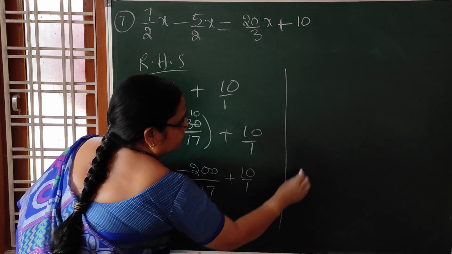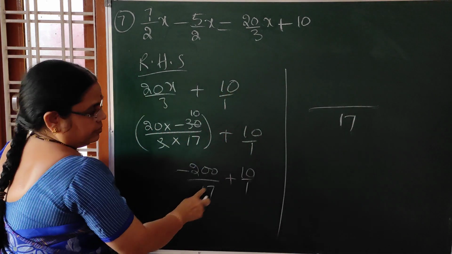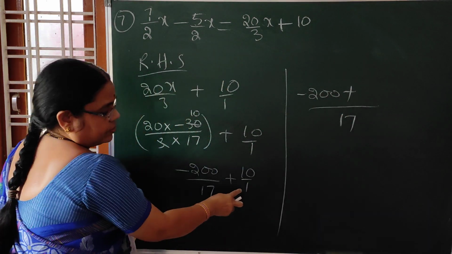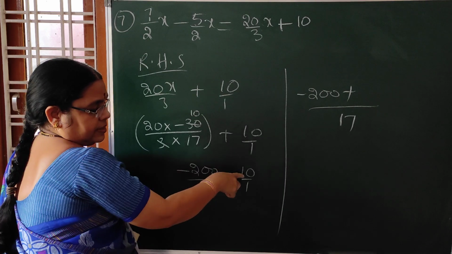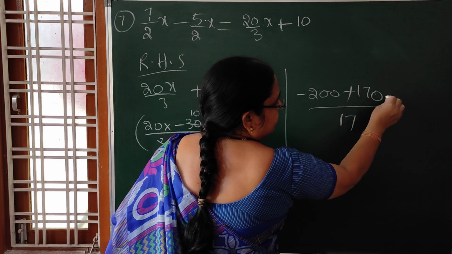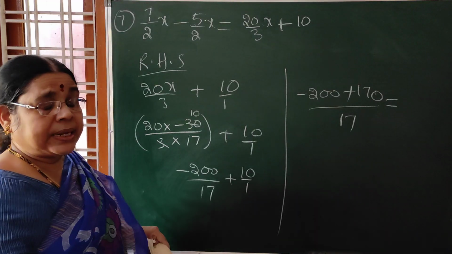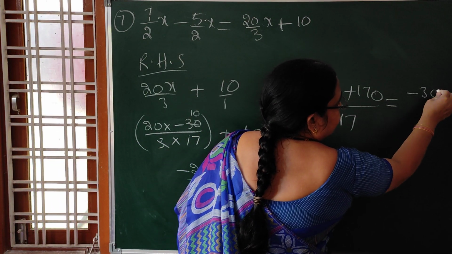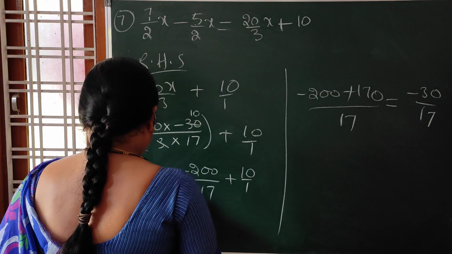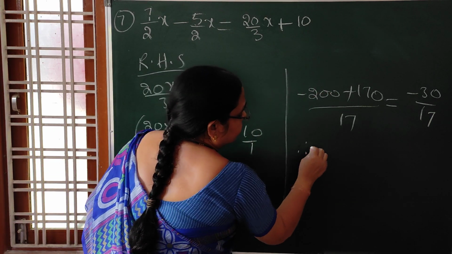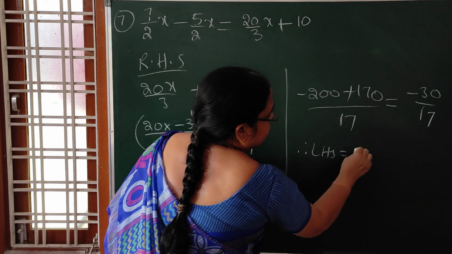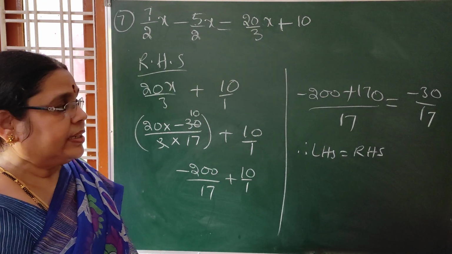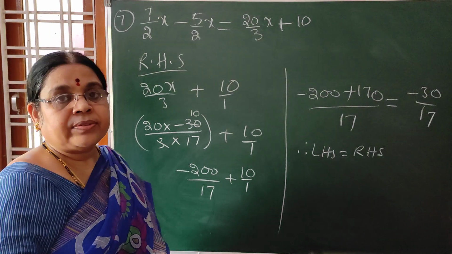LCM is 17. 17 ones are 17. So minus 200 plus 17 into 10 is 170. Minus 200 plus 170, 200 minus 170 is 30. So minus 30 by 17. LHS how much we got? Minus 30 by 17. RHS also we got minus 30 by 17. Hence it is verified.